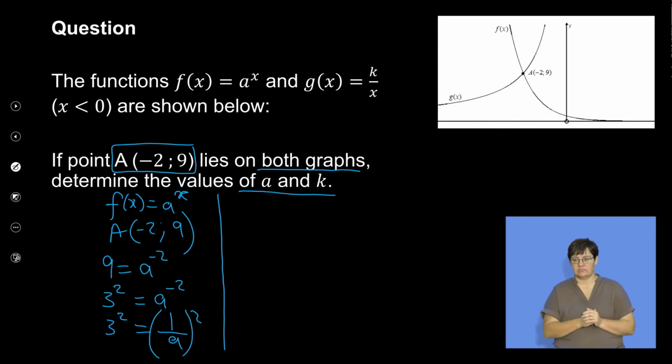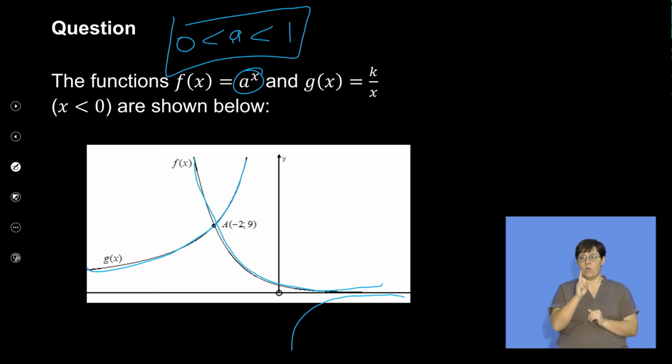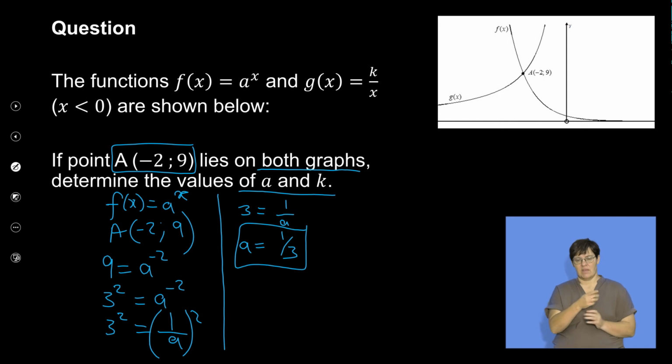Then I will know that my 3 will be equal to 1 over a, because my exponents are the same, which will then make a equal to 1 over 3. Remember what I said: a must be between 0 and 1. Is it? Definitely. So that's the value of a.